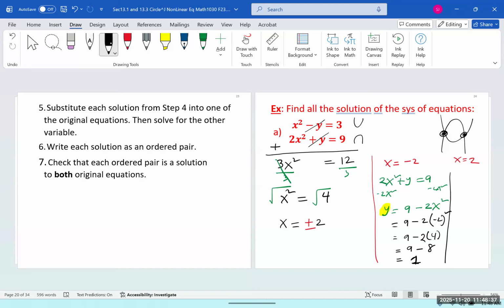So we have y equals 9 minus 2x squared. So y equals 9 minus 2 times 2 squared. Y equals 9 minus 2 times 4. Y equals 9 minus 8. So y equals 1. So you have the same y value for both x values.